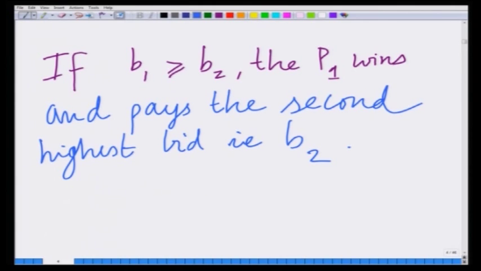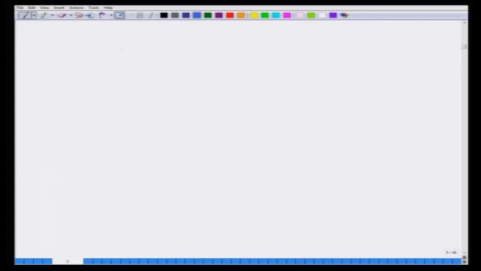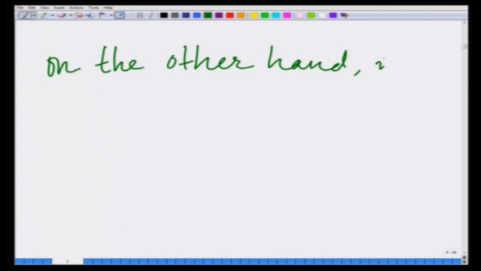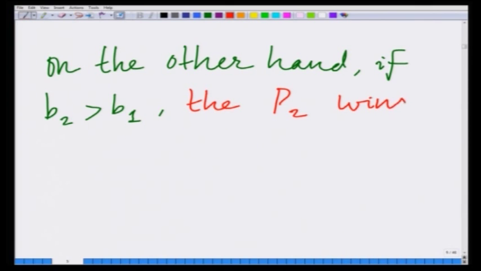So what we are saying is, if B1 is greater than or equal to B2, then P1, that is player 1 who has the highest bid, wins, and he pays the second highest bid, that is B2, to get the object. Similarly, if on the other hand B2 is greater than B1, then P2 wins the auction and pays the second highest bid, that is B1.